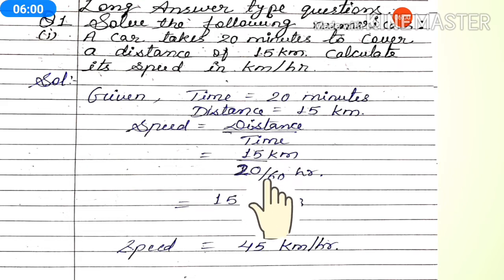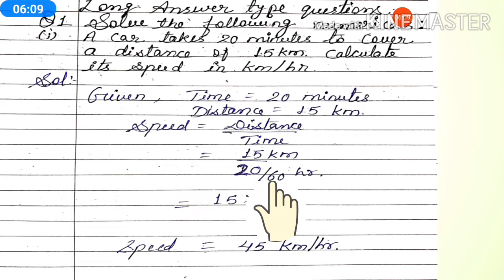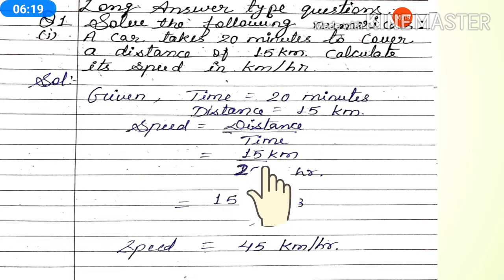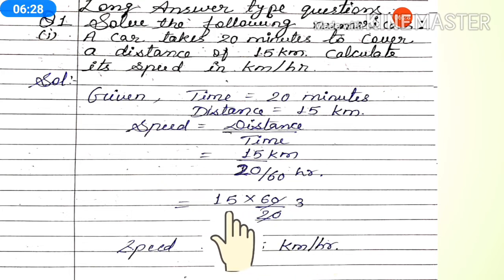So 15 is in the numerator and 20 by 60 is in the denominator. When the lower value goes to the numerator, their reciprocal will be there, as you do in maths, right? You know that. So 60 will go in the numerator and 20 will go in the denominator. Then 20 threes are 60, and this 15 and these 3 will multiply.